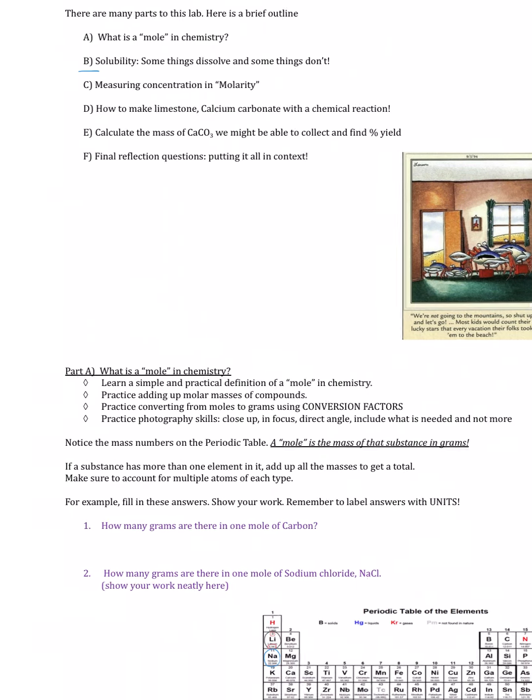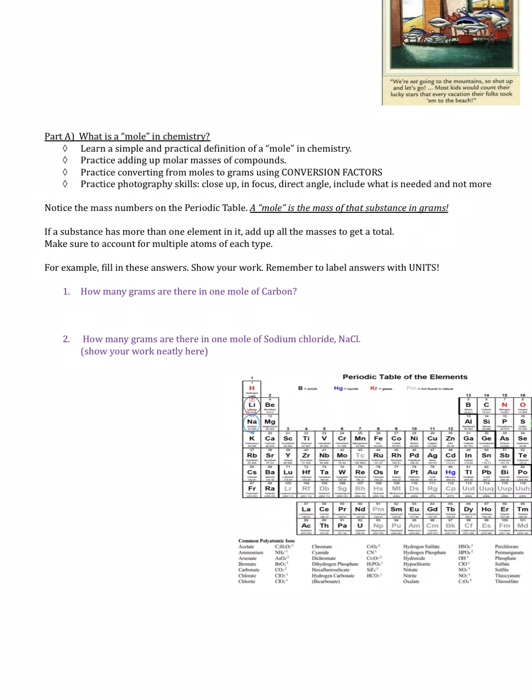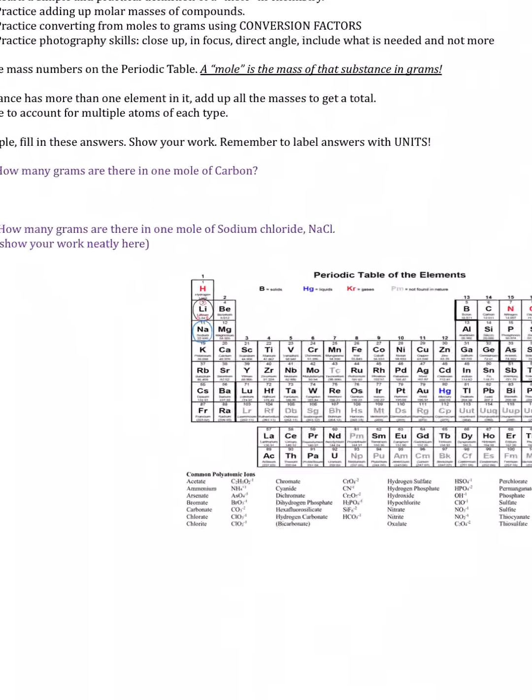The first thing we looked at in part A was what is a mole. So a mole, quite simply, for all we need to know, is an amount. It's a way of measuring how much of something.